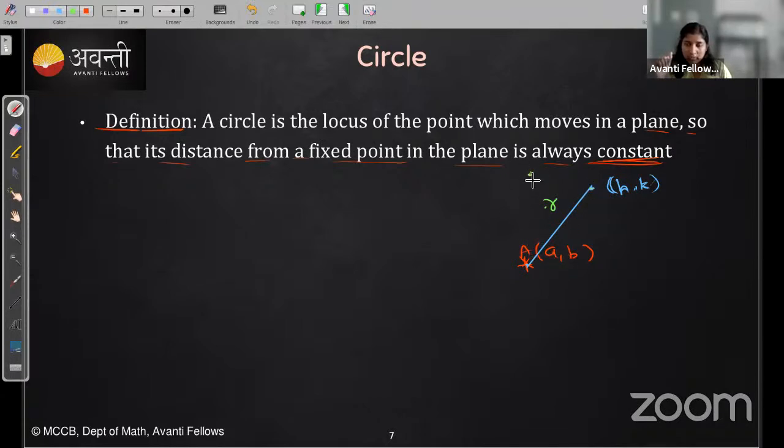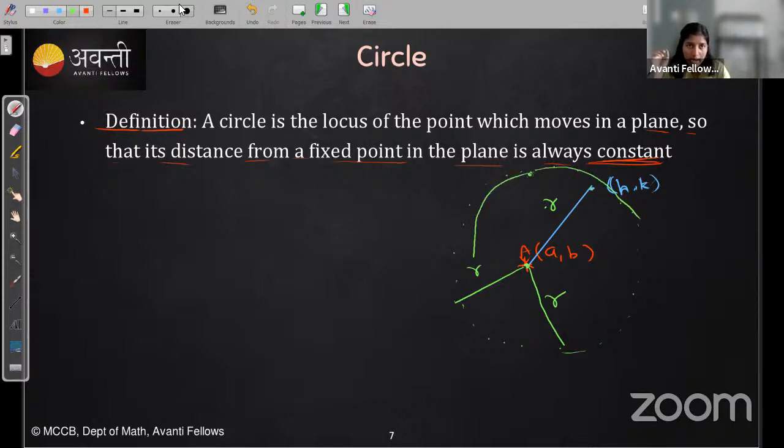Even this point can be H and K. Just start drawing the same points on the plane here with the same condition, the distance is R. Consider all those points on the plane whose distance is R from this fixed point A. When you join those points, you will get one curve, one shape here.